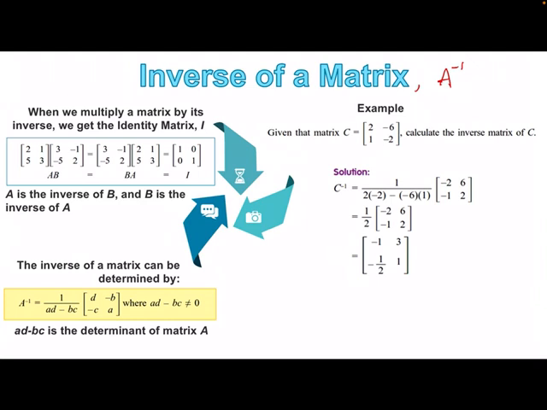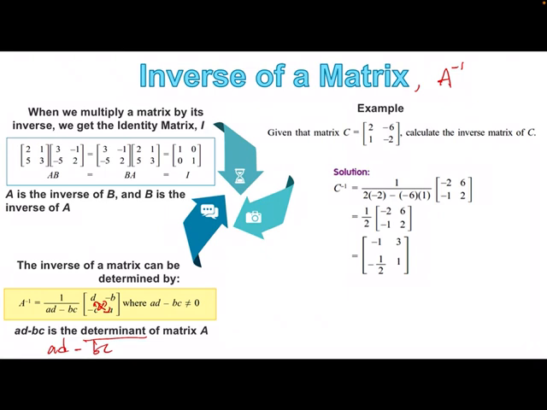AD minus BC is the determinant of matrix A. What does determinant mean? It is the multiplication of the diagonal minus the multiplication of the off diagonal, so the diagonal AD and the off diagonal BC. The difference is the determinant. So AD minus BC, the difference, is the determinant of matrix A. So the inverse can be determined by this formula.